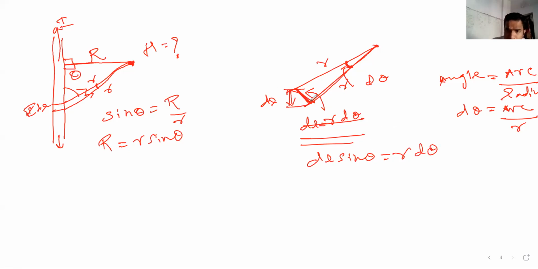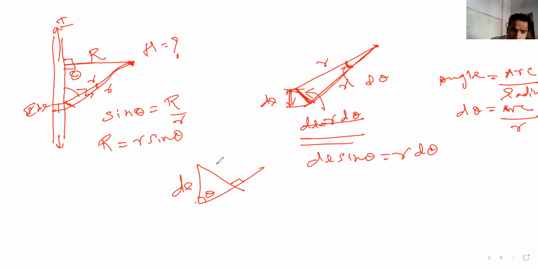Why does this become dl sine theta? Because this is dl. If I zoom this area, suppose this is dl, and this is angle theta, and this is perpendicular.